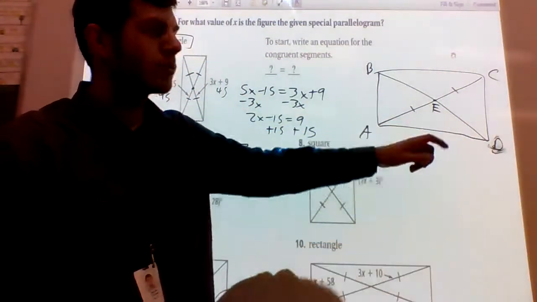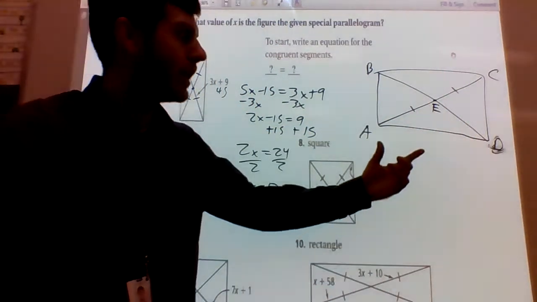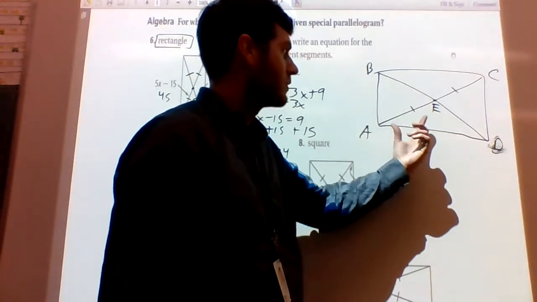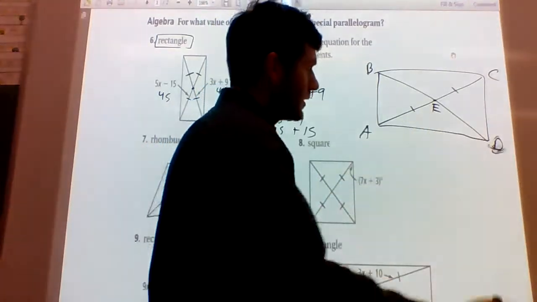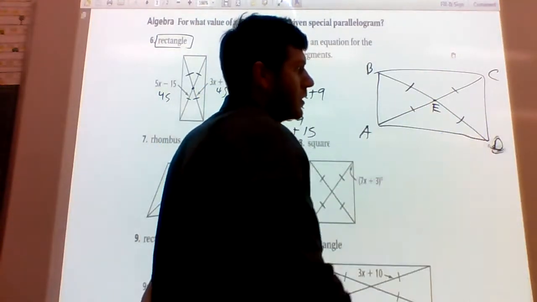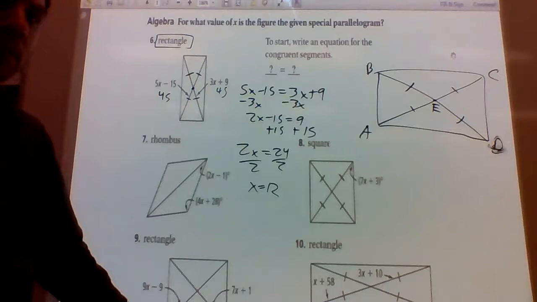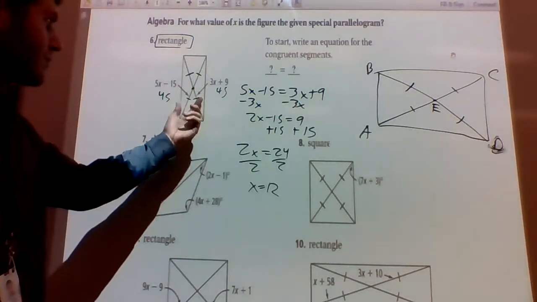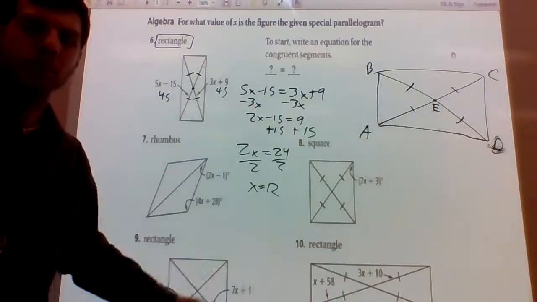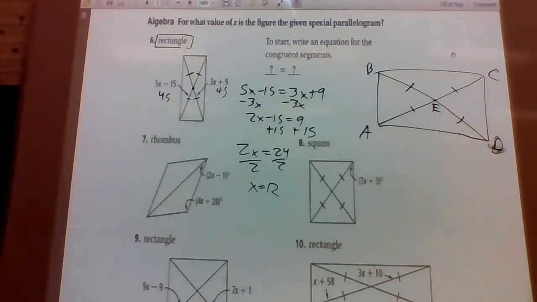We know BE is congruent to ED, but since these two diagonals are the same length, when we bisect BD, we're going to split it into the same congruent parts that we split AC into. So it might not be referring to the whole diagonal here. It might just be referring to these parts, but either way, we're going to do the same steps.